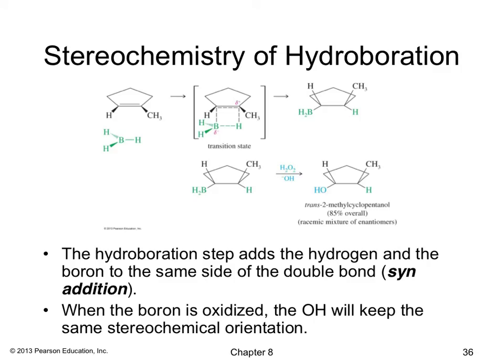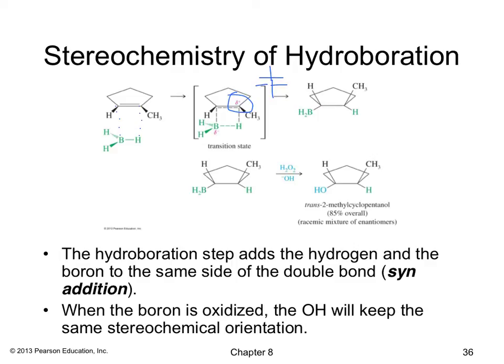If we look at the stereochemistry of hydroboration, like I said, this BH3 is coming on one side. So here is the least hindered side with the boron, and the hydrogen to the most hindered side, developing a partial positive charge on that side. Here's your transition state in parentheses. Again, double dagger. Sorry, this is my double dagger.